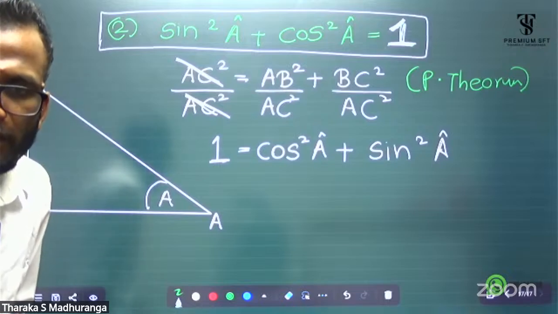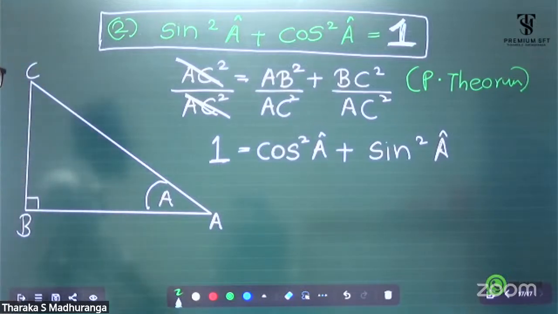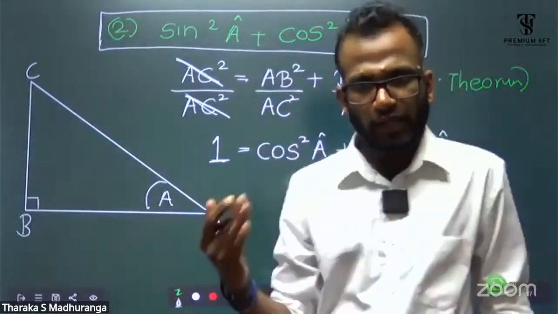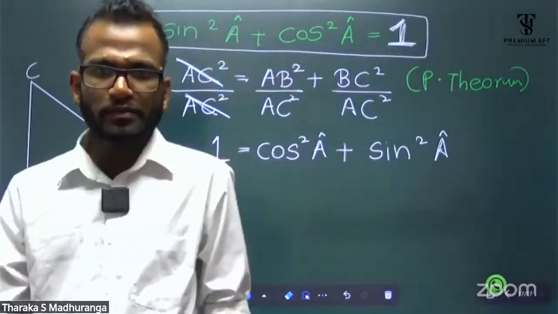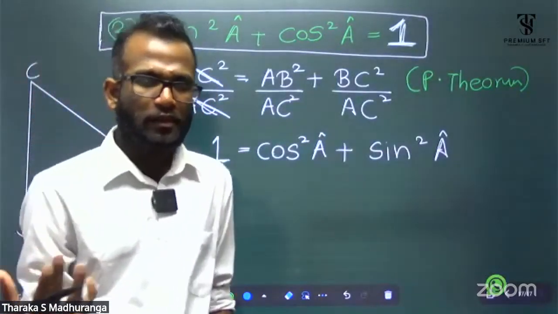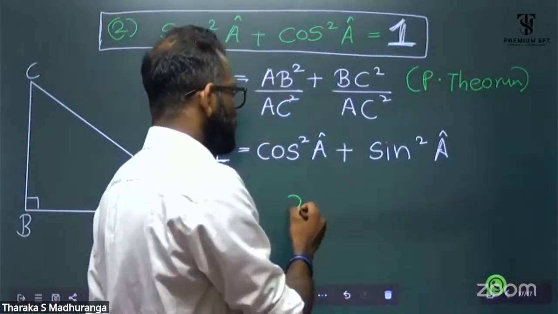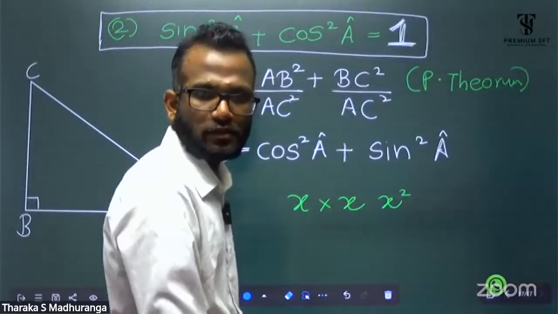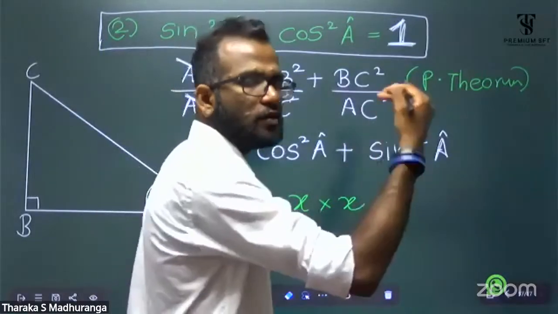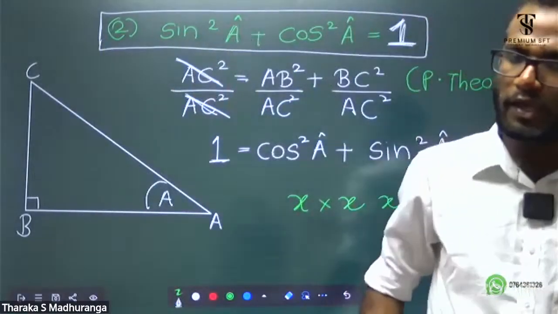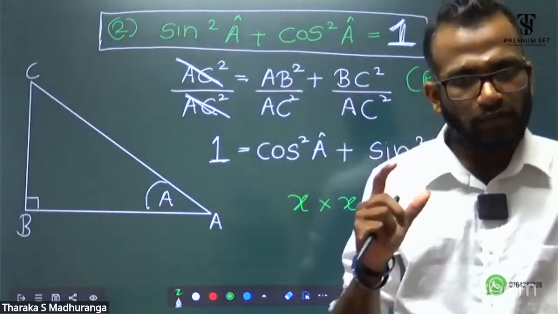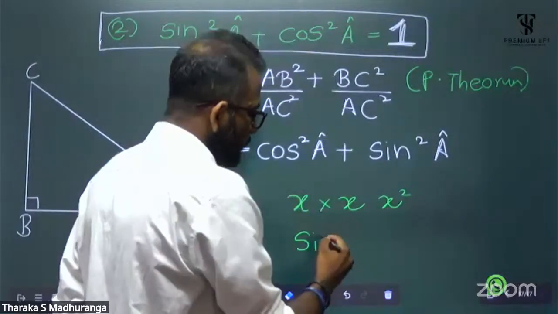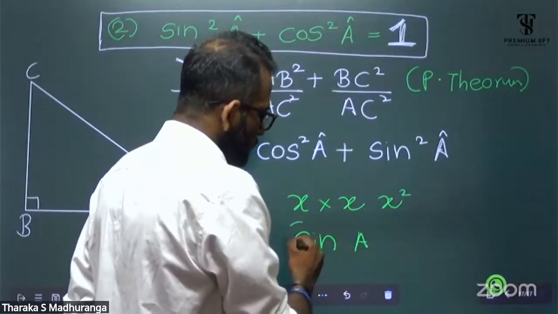Square root thing a bit. Sine A into sine A, that is sine A squared. Right? Now if we say x into x, it is x squared. Samely, sine A into sine A means sine A squared. But when we write it, we don't write it like this. It's wrong.